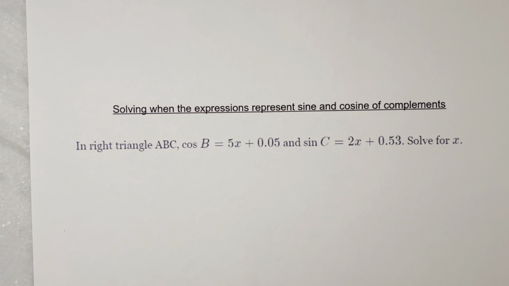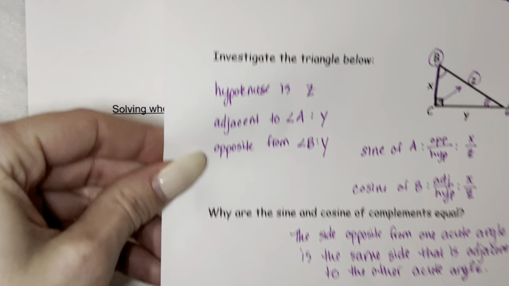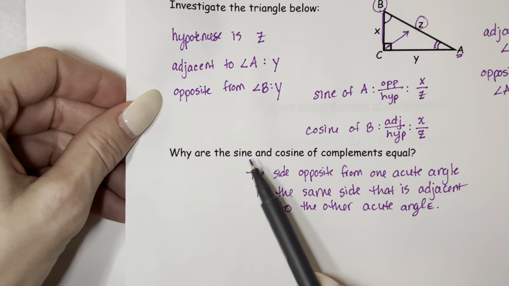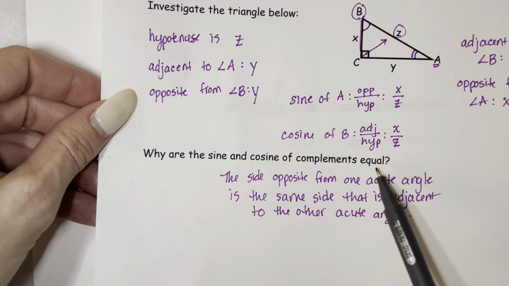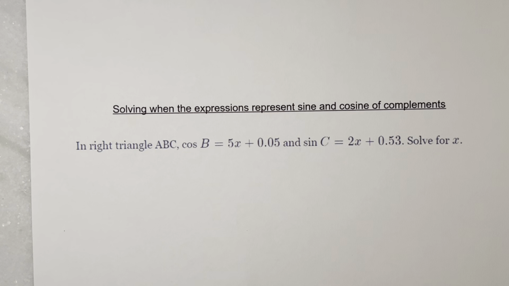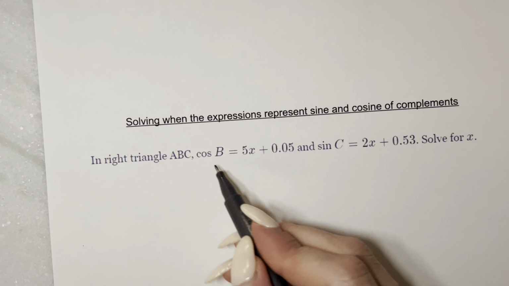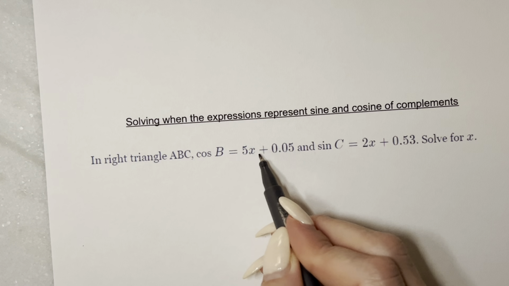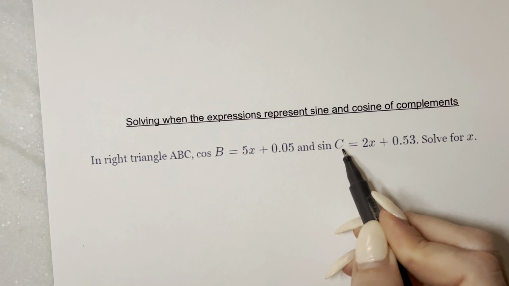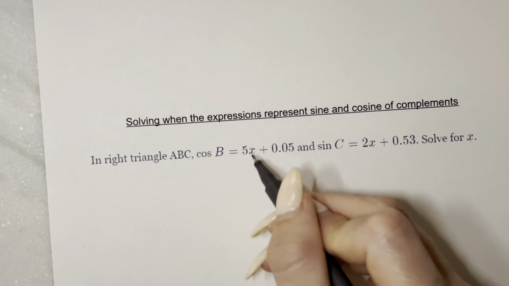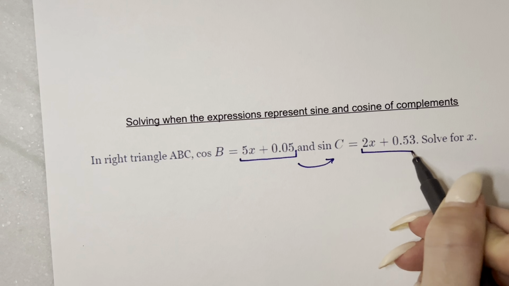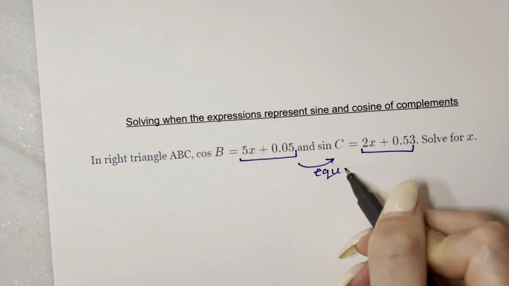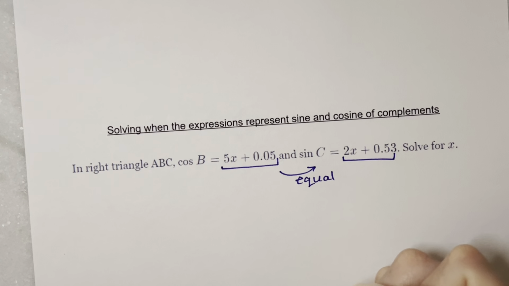So remember what we learned at the very beginning, that the sine and the cosine of complements are equal to each other. So if this is the cosine of B and this value is the sine of C, these two pieces are actually equal. So that's how you would set up your equation.